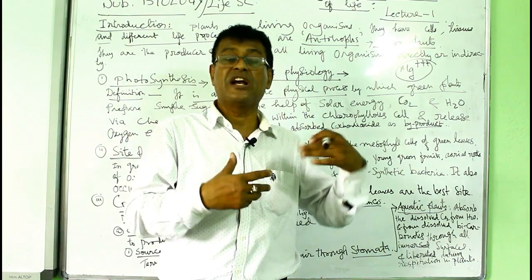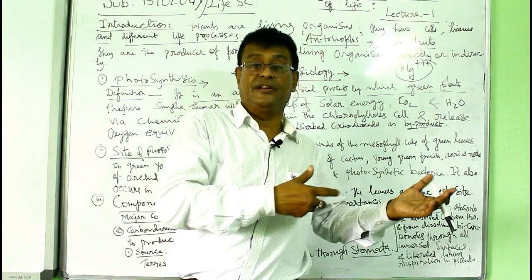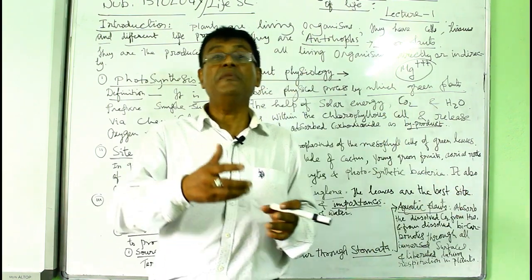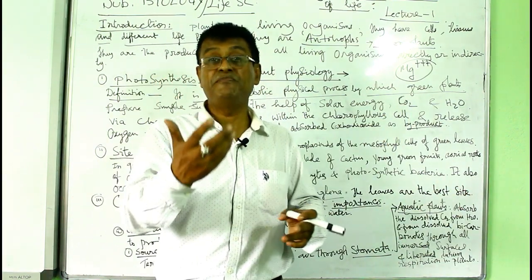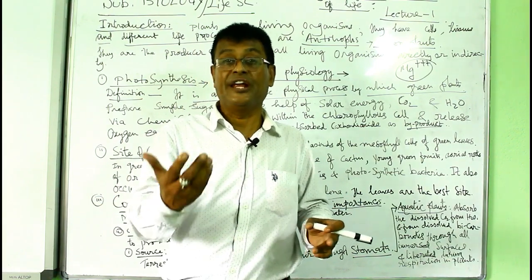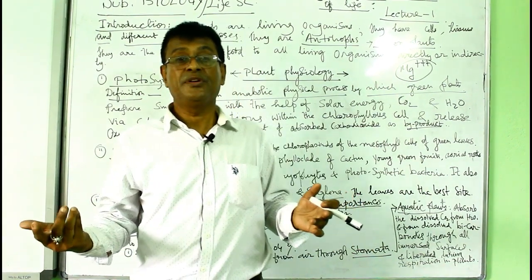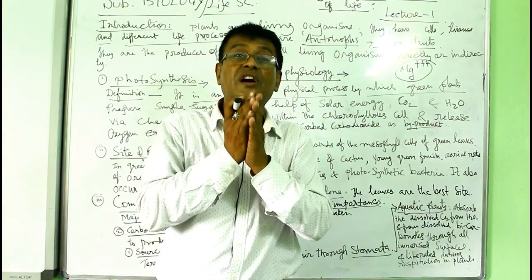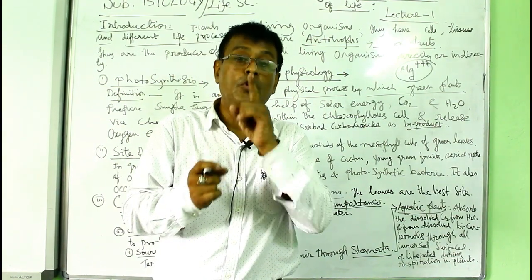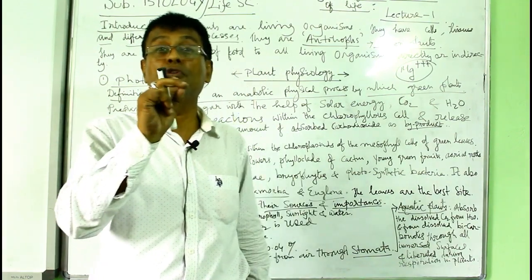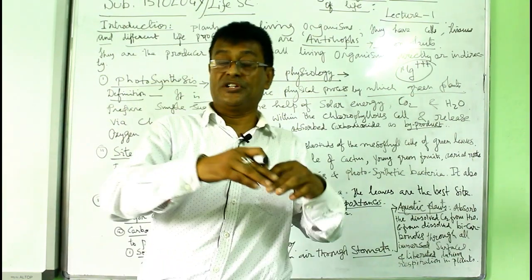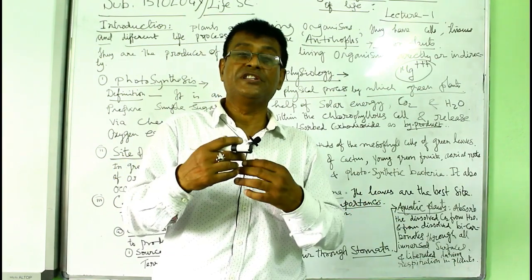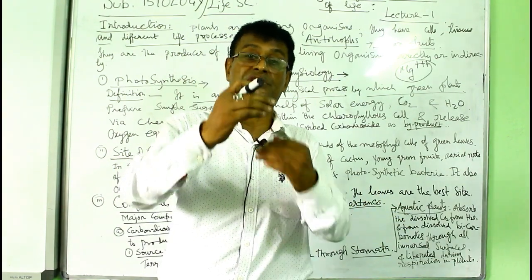Some reactions evolve heat, that is exothermic reaction, and in some the heat is absorbed, they are called endothermic reactions. So the chlorophyll converts the sunlight into heat, which is responsible for photolysis. Photolysis is a part process of photosynthesis.